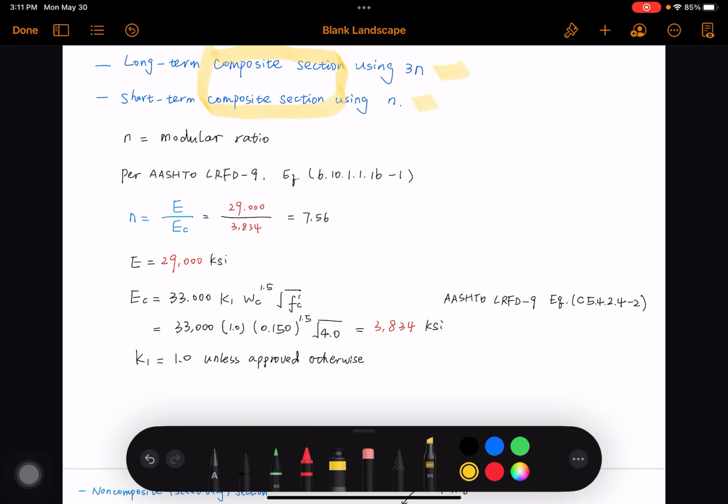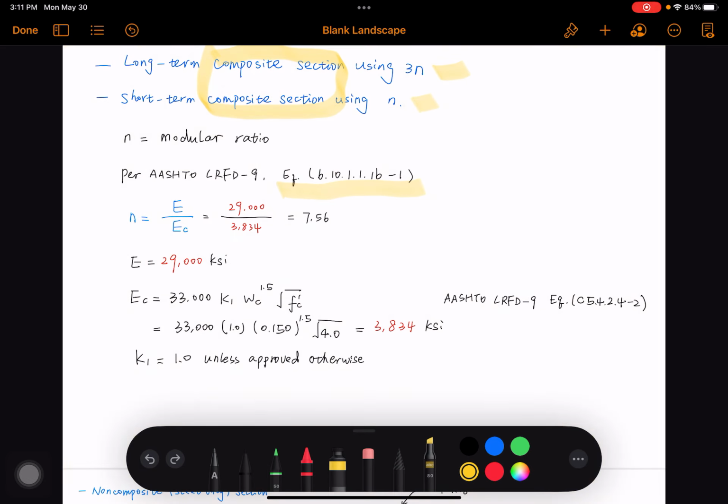n is defined as the modular ratio per AASHTO LRFD 9th edition, equation 6.10.1.1.1b-1. n is defined as E divided by Ec, where in this example, E is the elastic modulus of the steel girder, which is 29,000 ksi.